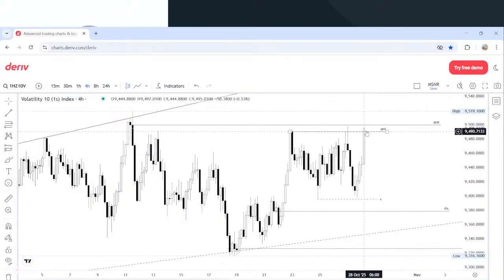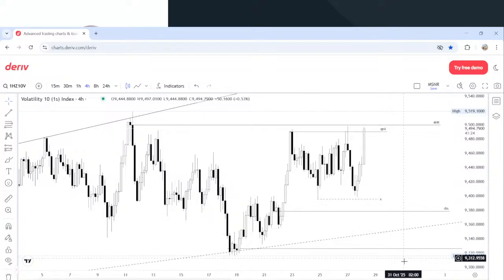So now I'm anticipating that it's gonna touch this 4-hour resistance, and I'm waiting for a reaction on this 4-hour time frame. I'm anticipating that this is just liquidity, and then it's gonna react here, and then we see where it takes us.